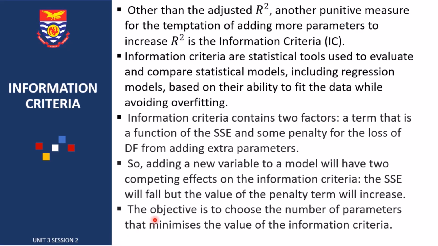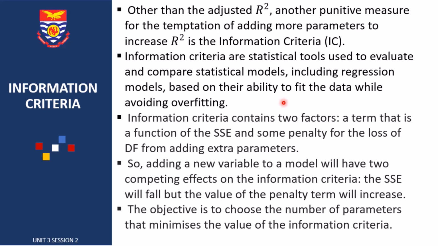The aim of the information criteria is also to punish the excessive addition of parameters, that is the regressors. So our aim is to have an information criteria that will help us establish that the data set fits our model, and help us in evaluating and comparing statistical models, including the regression.